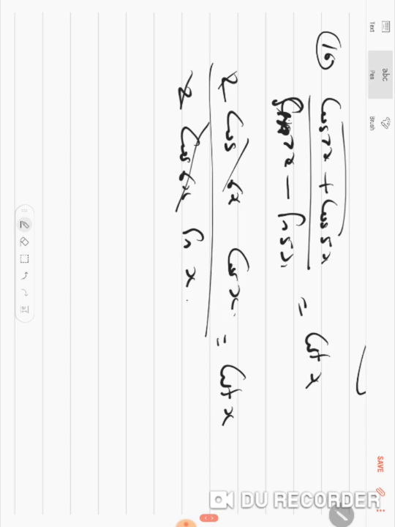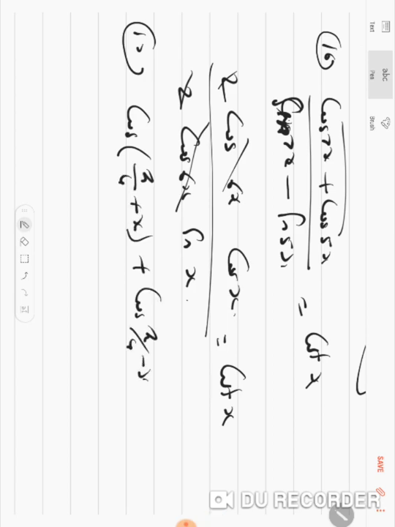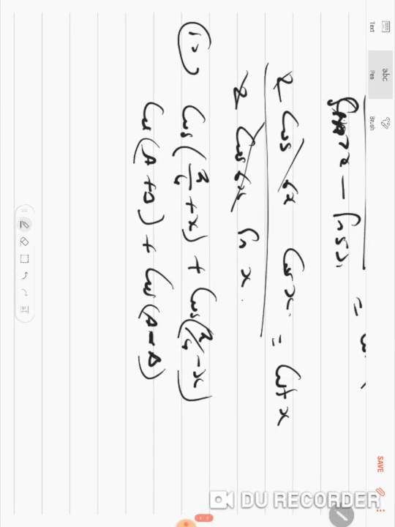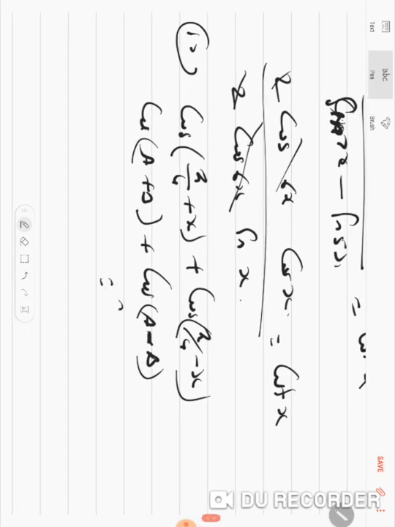So let's go to example 15. Cos of pi by 4 plus x plus cos of pi by 4 minus x is like cos a plus b plus cos a minus b. Read the question and you will understand what the format is. Cos a plus b plus cos a minus b is 2 cos a cos b, where a stands for this and b stands for this.